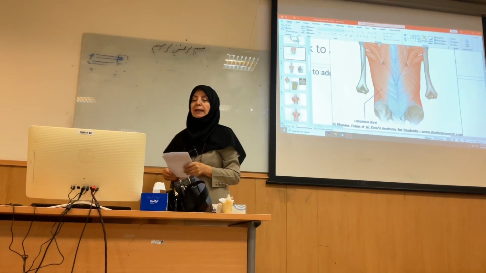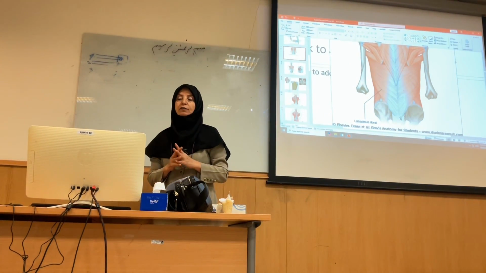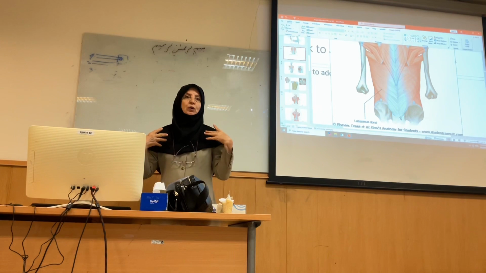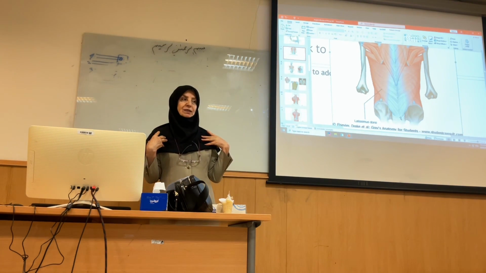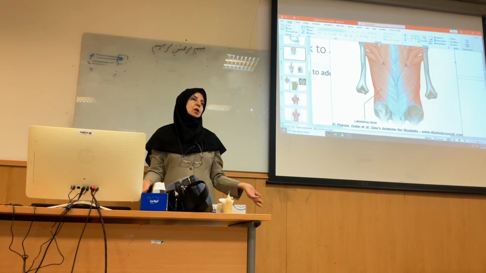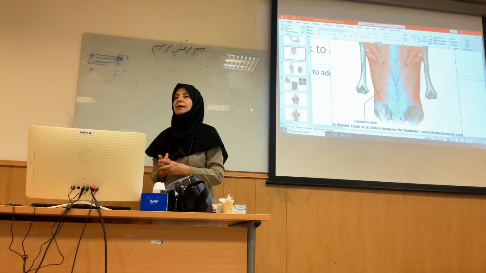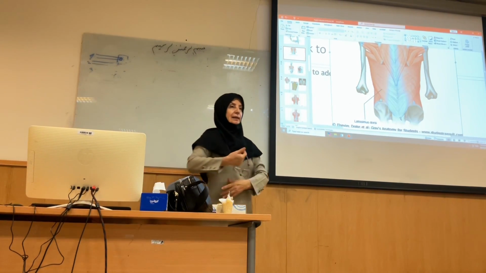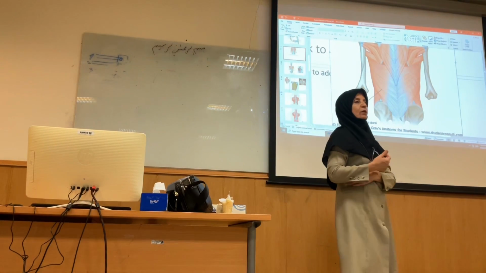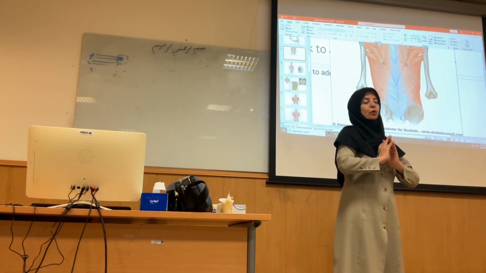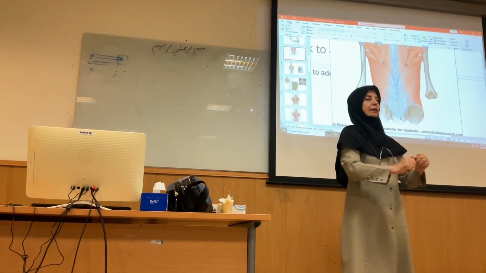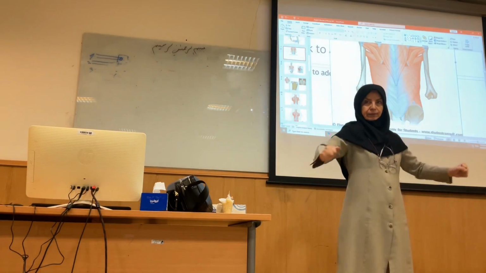Now, what about the innervation? One of the nerves that belong to the brachial plexus. What's the nerve? Thoracodorsal. What about the function? This muscle is very active when you are going to drive or row the boat, okay?